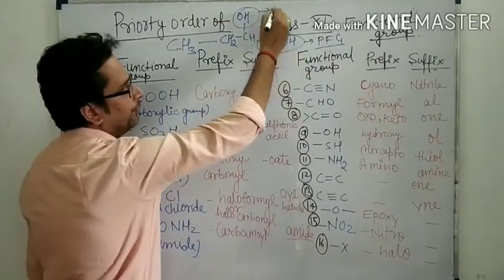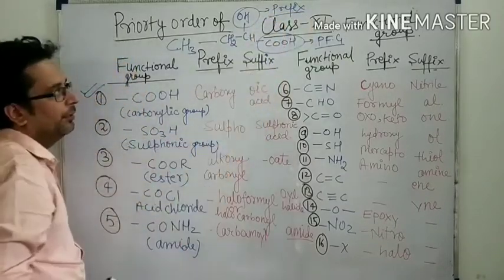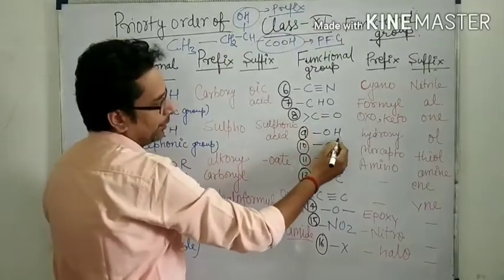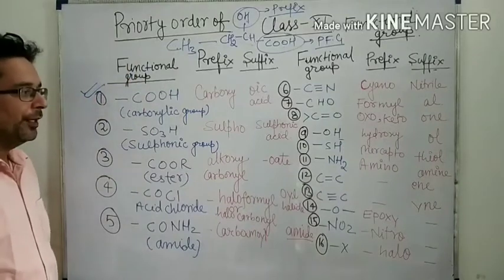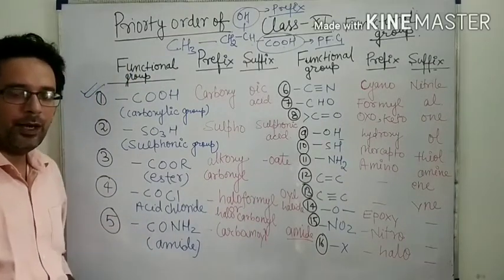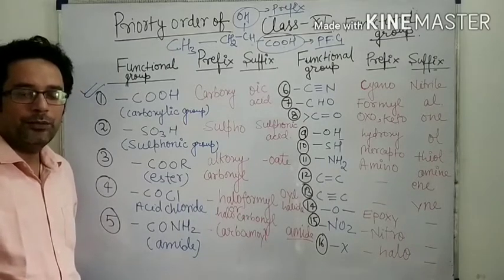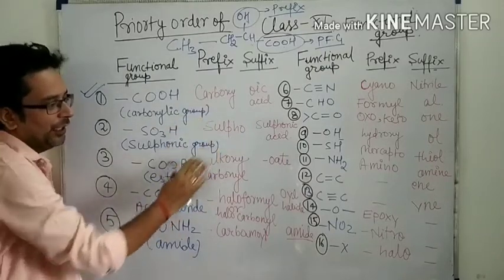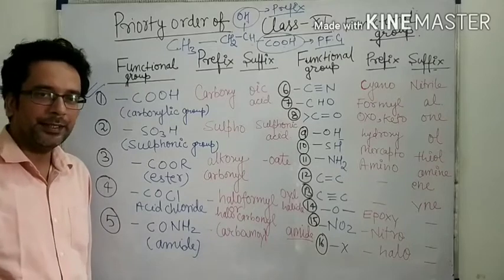And the OH group, look here, in the prefix is used as hydroxy. So in this way, when more than one functional group is present, this priority order or seniority order helps us write the name of the organic compound.